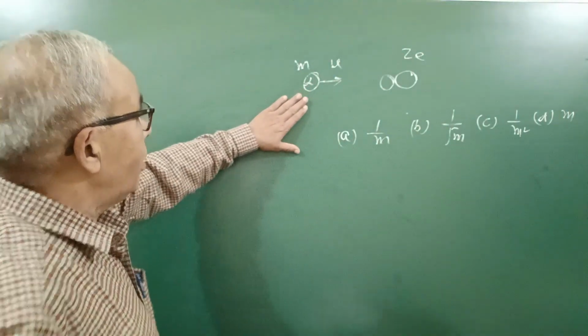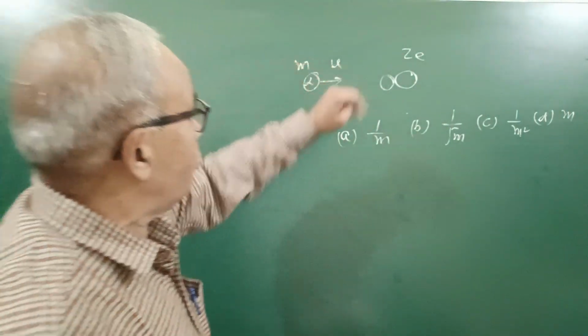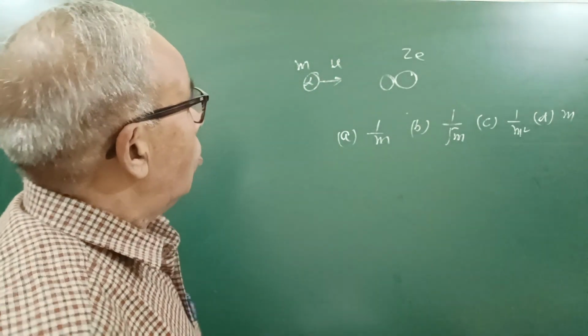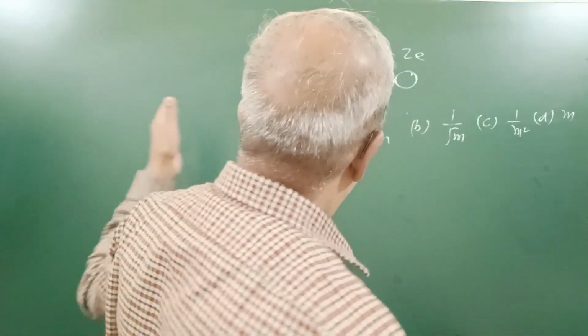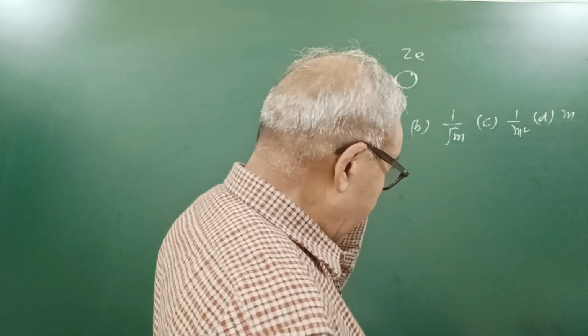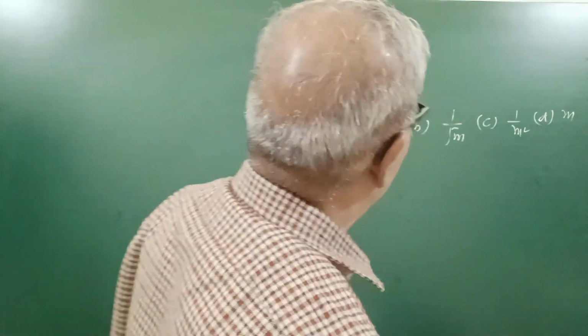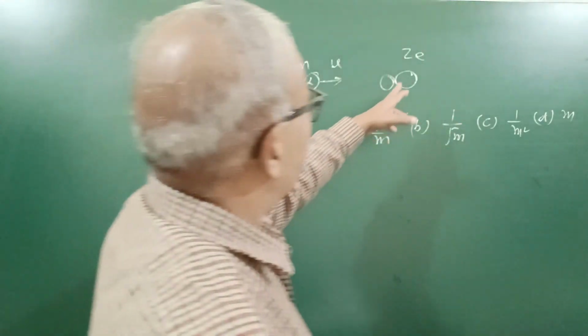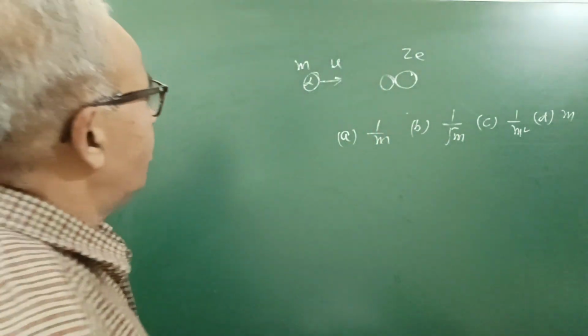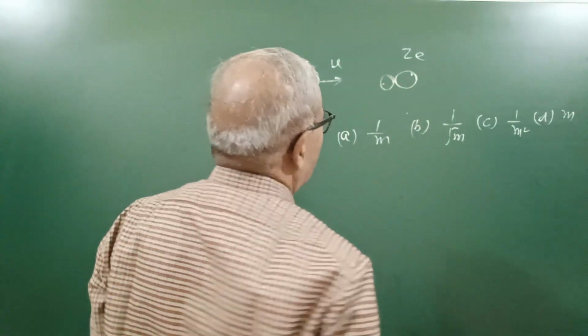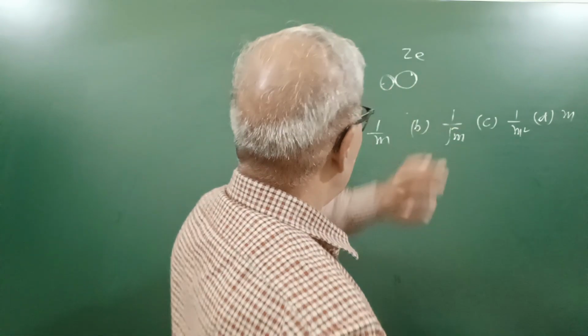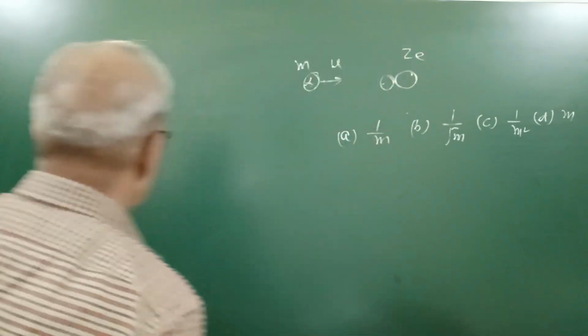Alpha particle of mass m moving with velocity v is bombarded on an element of charge Ze. What will happen when it approaches? Kinetic energy is converted into potential energy.